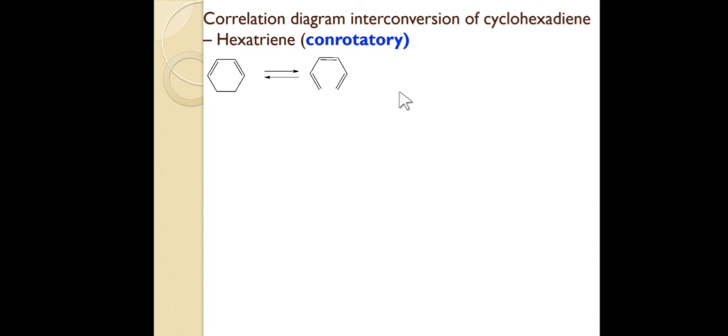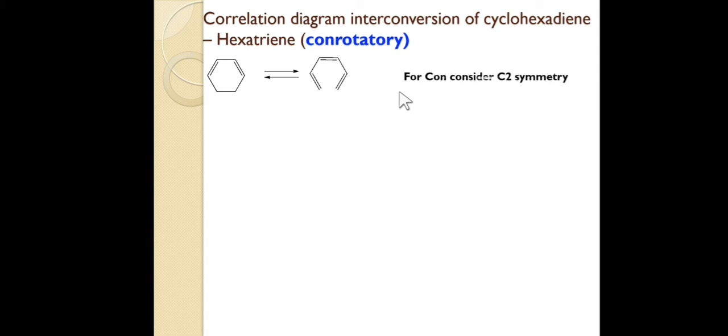Now friends, let's see the correlation diagram of the interconversion of cyclohexadiene to hexatriene. For the conrotatory process, what we need to do is take the C2 symmetries of reactant and product and match the orbitals having the same symmetry and minimum energy difference.